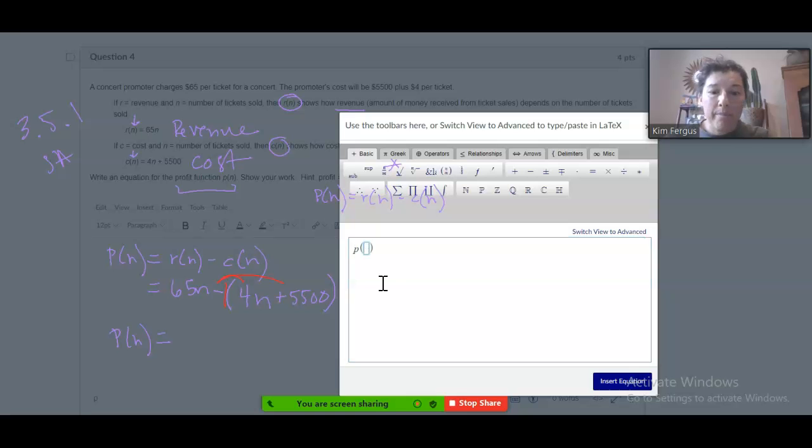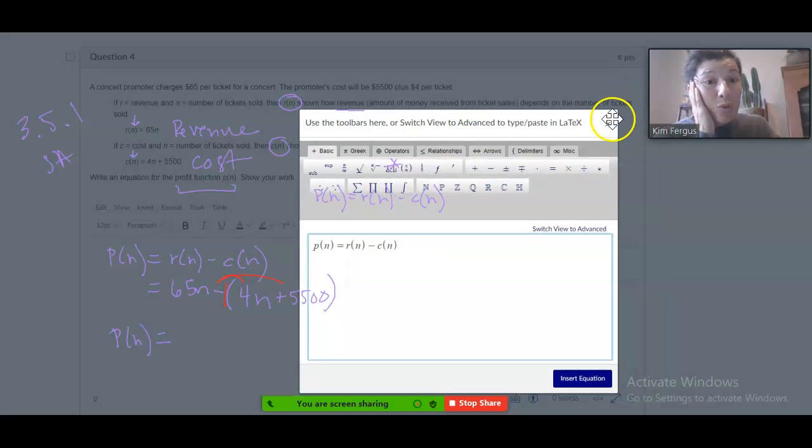So this is your work, how you can type math work. So P of N is equal to R of N minus C of N. You can also explore, and you can write exponents here, square roots, inequality signs. This is what you're going to do if you want to type out your math work in Canvas.